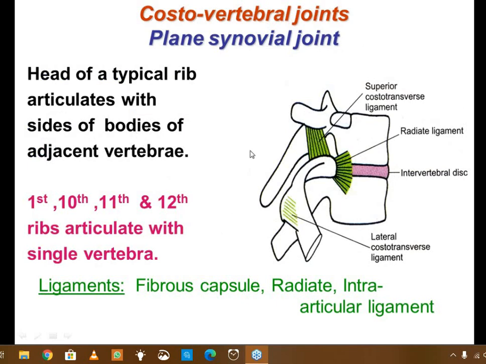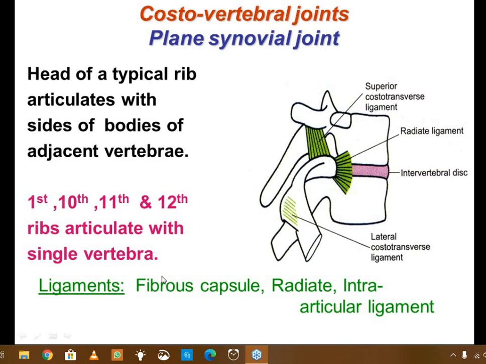In this diagrammatic representation, you can see that the head of a typical rib articulates with the bodies of the adjacent vertebrae. As far as the first and 10th to 12th ribs are concerned, they articulate with a single vertebra, so there are no two demifacets present on them.